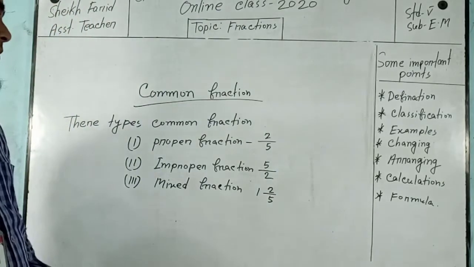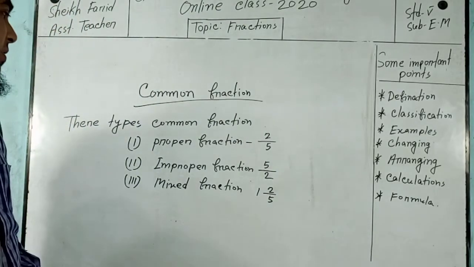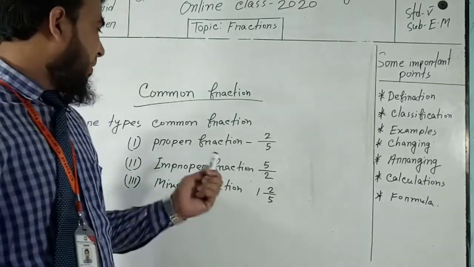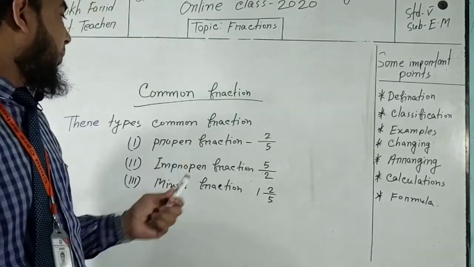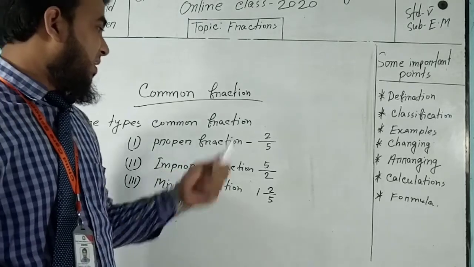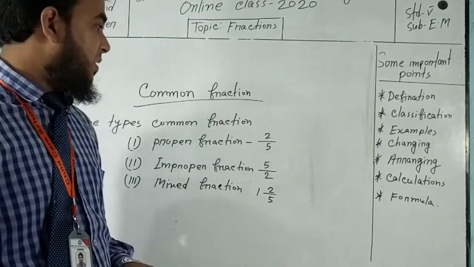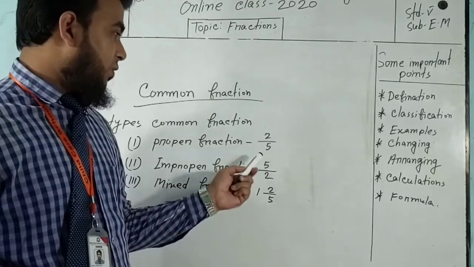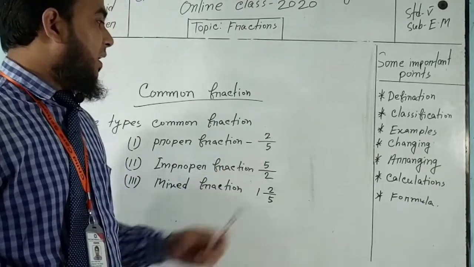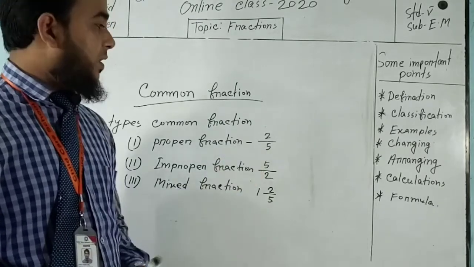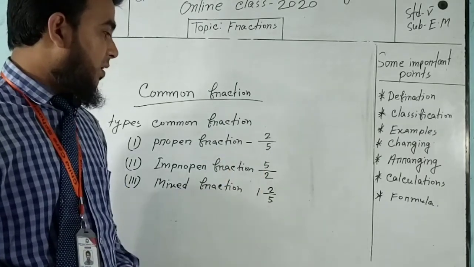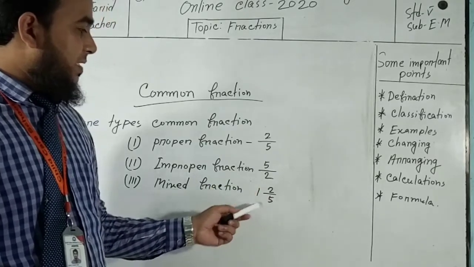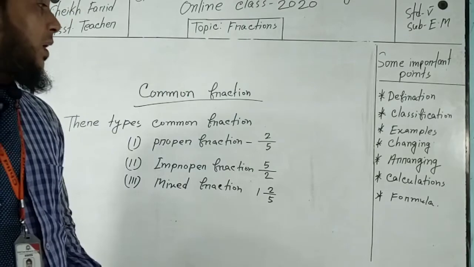Here is the problem of my dear students. Sometimes you have confusion about what is the proper fraction and what is the improper fraction. Look here, there are two parts, the upper part and the lower part. The upper part is called the numerator and the lower part is called the denominator.